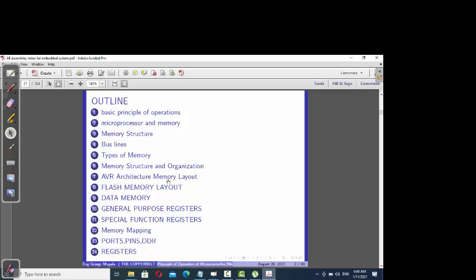So here we are trying to hit the nail on the head on what exactly we're going to focus on in this course. Because we're going to be dealing with the AVR architecture, we're going to deal with the ATmega32 microcontroller, and we're going to go into details on those things as well.